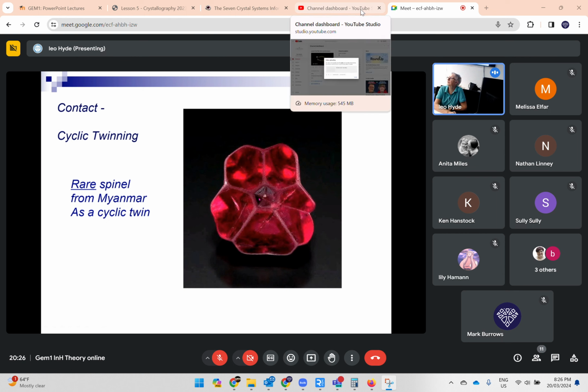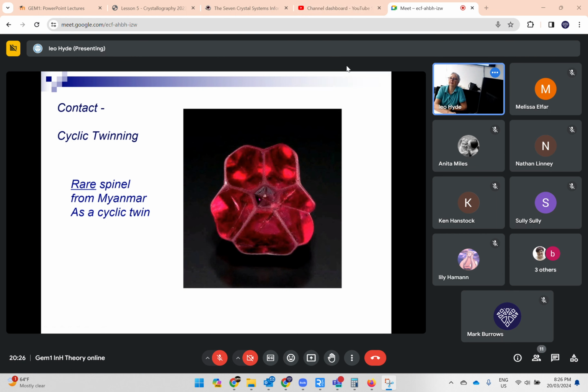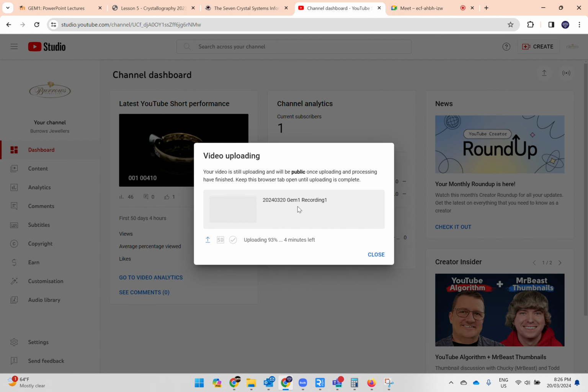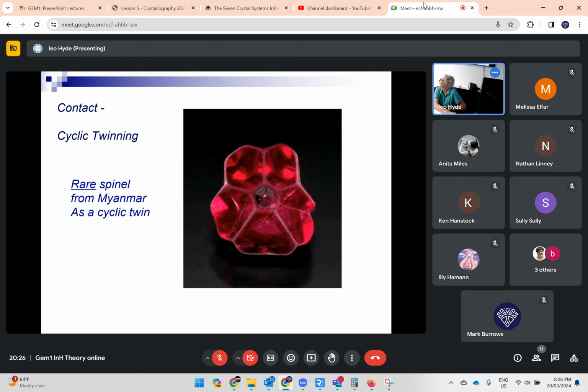Has anyone heard of Jedi spinel? Who said, yeah, aren't they lovely? Incredible. They're from a very, very small area, and I don't think they'll be there for very long, of these very bright red spinels, and they're so bright they call them the Jedi spinel because they've had no influence from the dark side.